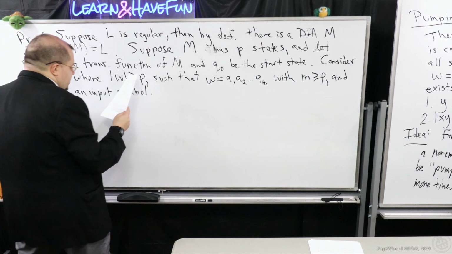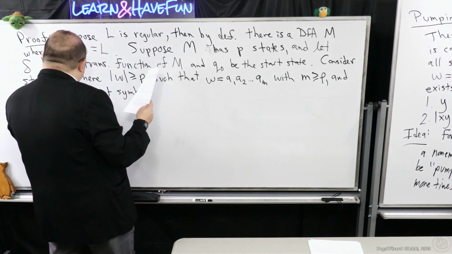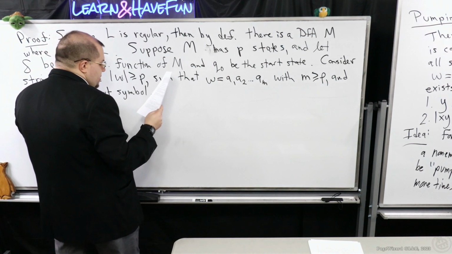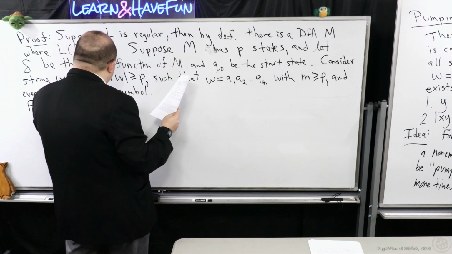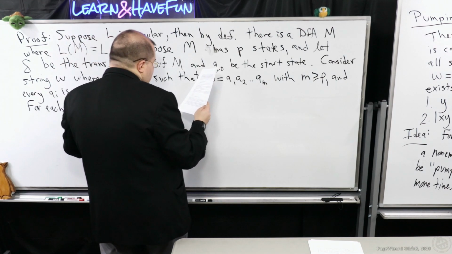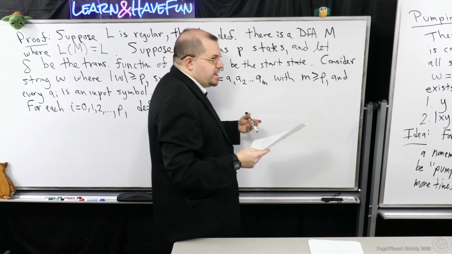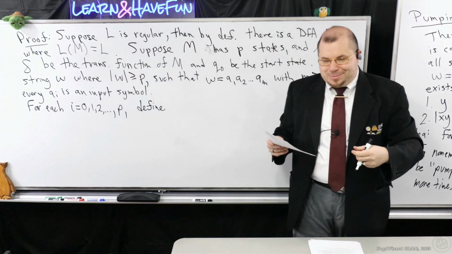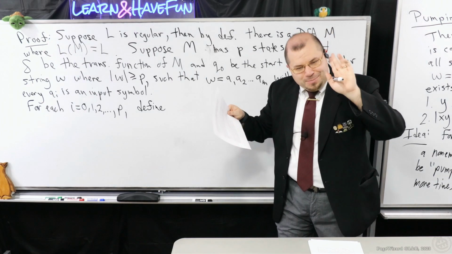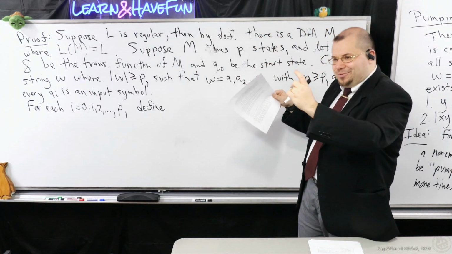For each i equal to 0, 1, 2, all the way up to p. So I'm going to give labels to these states now, as I talked about. Just imagine I'm taking out the tape and putting it on top of the states. Imagine I draw out the transition diagram.